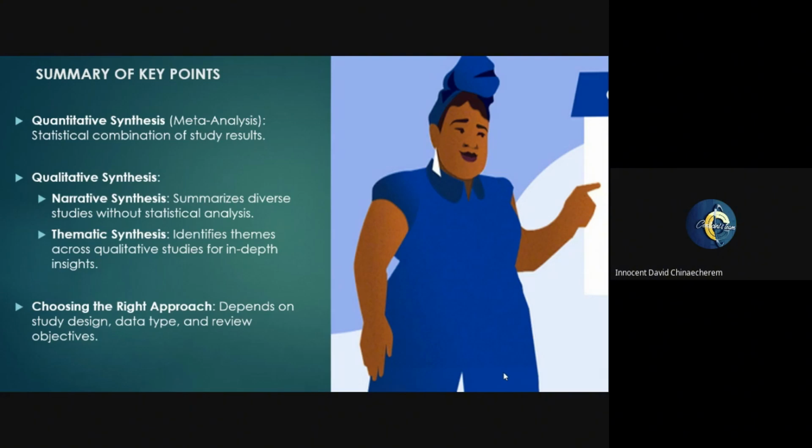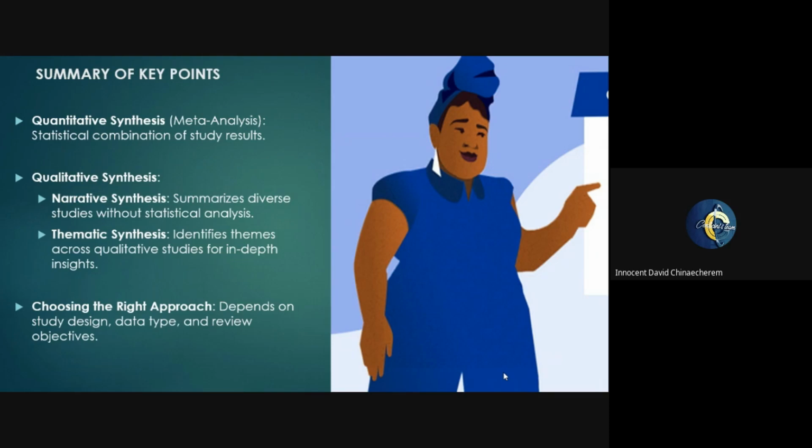So remember, when you're starting your synthesis for a systematic review, choosing the right approach depends on the type of study design, the data type, which could be seen as the outcome, and the type of review question or objective. Your research question plays a very paramount role in the type of synthesis that you need.